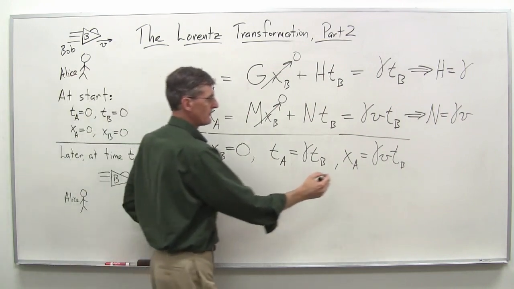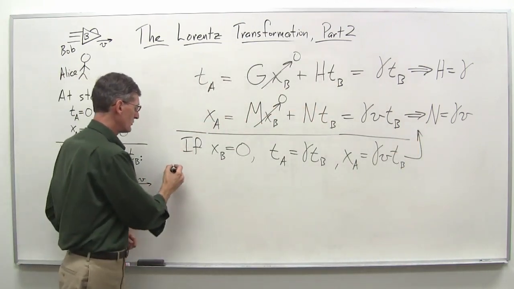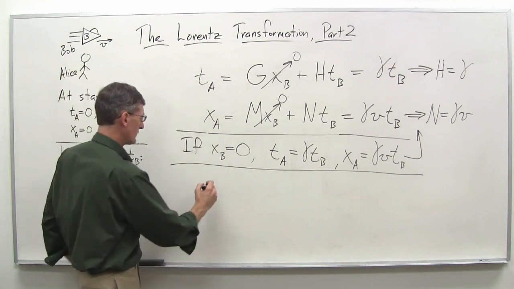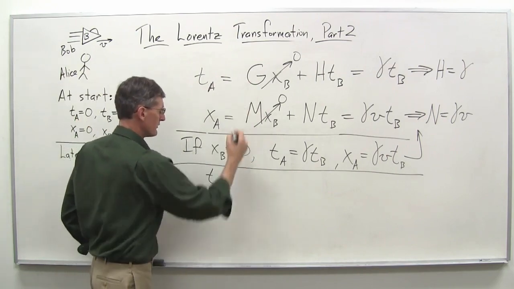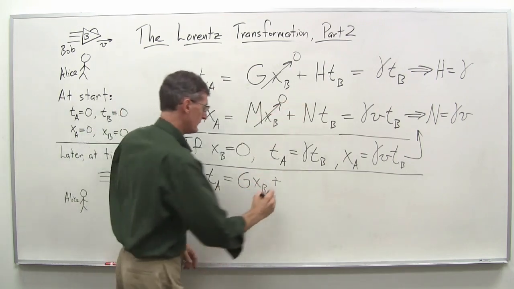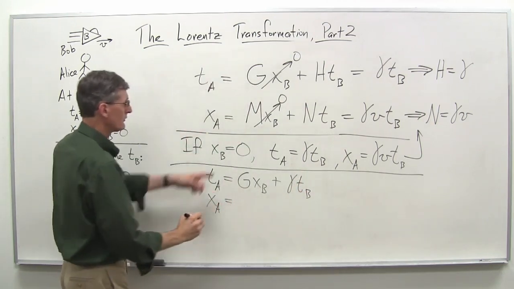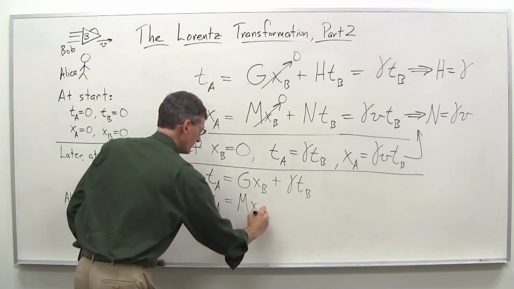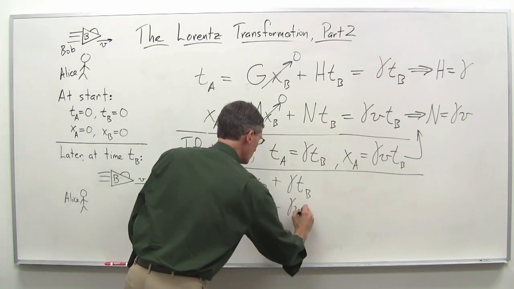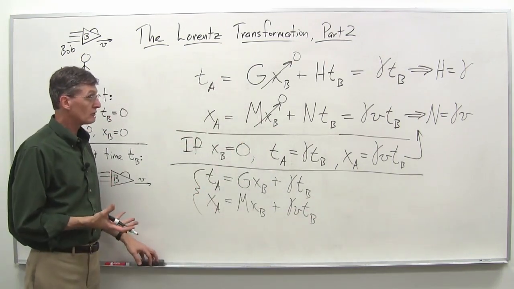The way we got this is we applied our special case, XB equals 0, to those general equations, and therefore we're halfway there, because now we can write, our general equations is this, TA equals, we still don't know what G is, but G XB plus H, which is gamma, times TB, and XA equals M times XB plus N, which is gamma V, times TB. So those are our two Lorentz transformation equations.